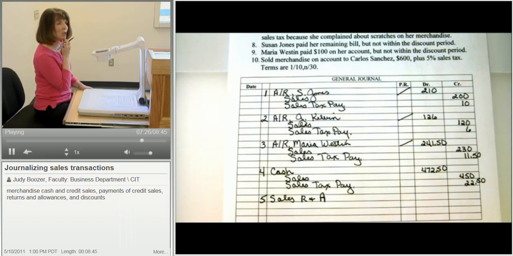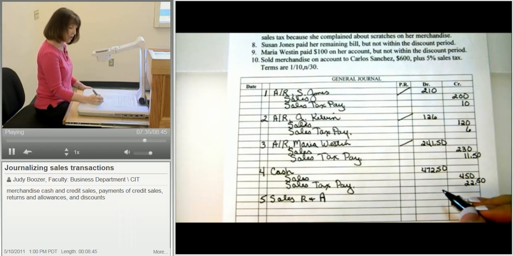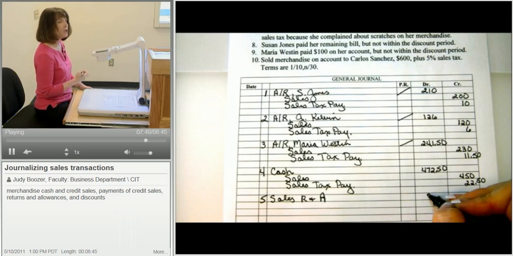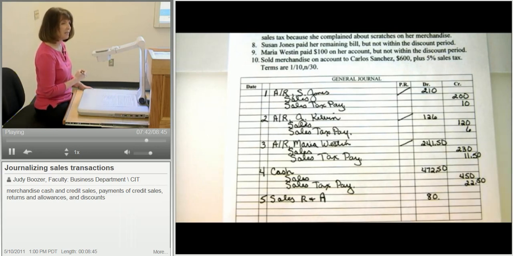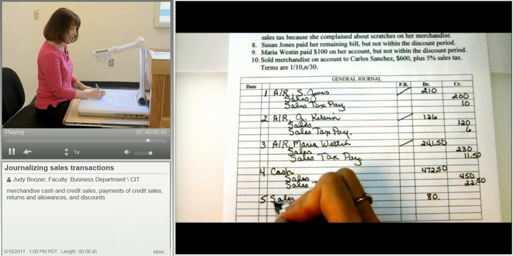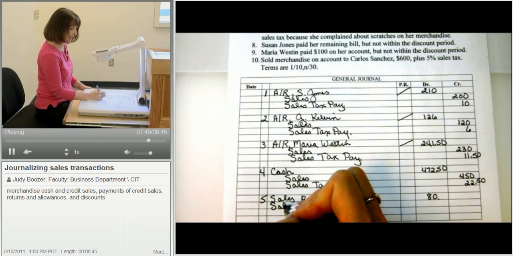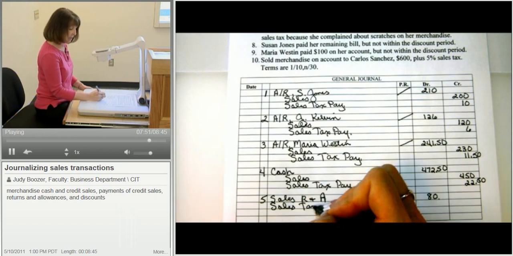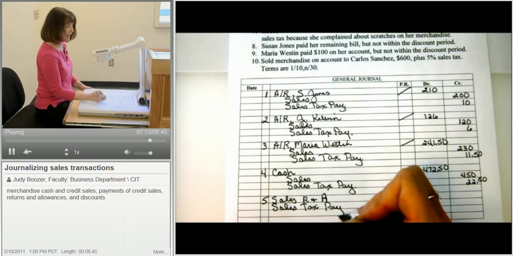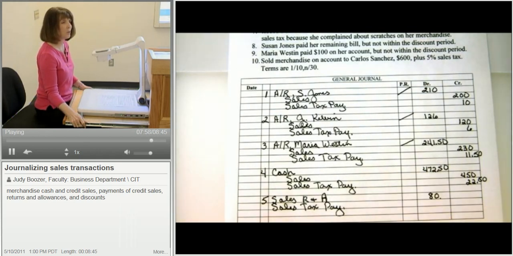If she's returning merchandise, then she also gets credited for the tax on that merchandise. So let's see. How much merchandise should she return? $80. How much tax goes with $80? So what are we going to also debit? Good. Sales tax payable. We're going to reduce that liability for sales tax because we're not going to have to pay it. It's merchandise returned.